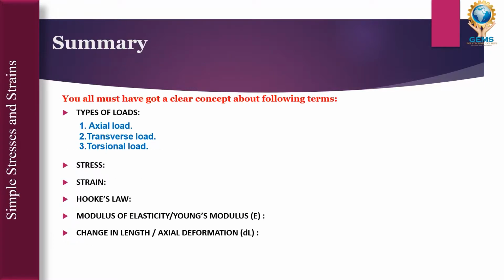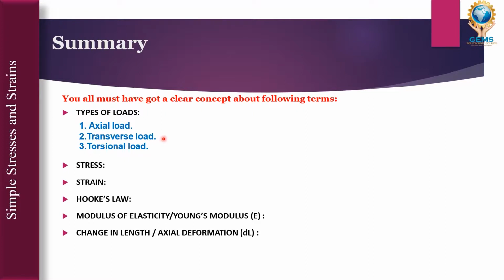I hope you all have got a clear concept about the following terms. First, types of loads, which we have seen. What are loads? The load is the cause for the motion of the object, or the cause for the deformation of the object. It may be axial load, transverse load, or torsional load.